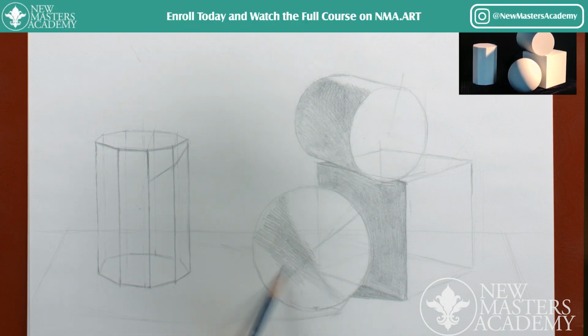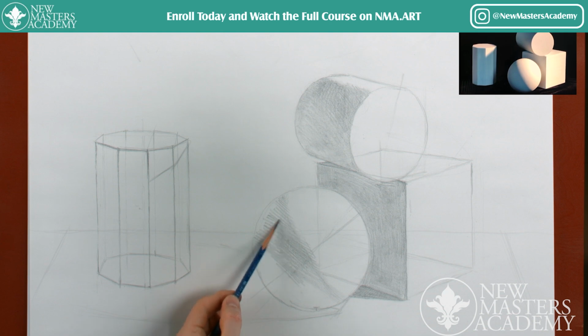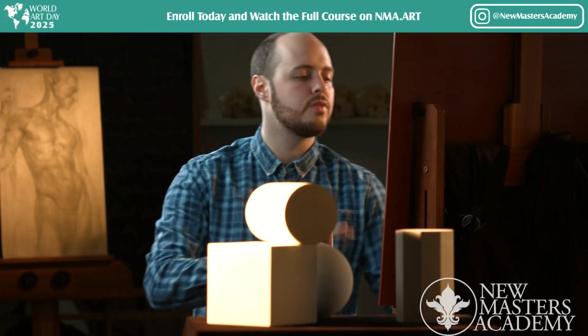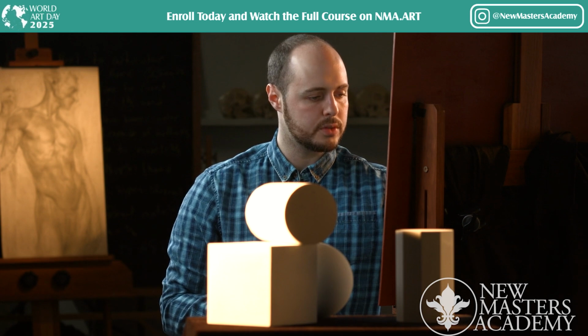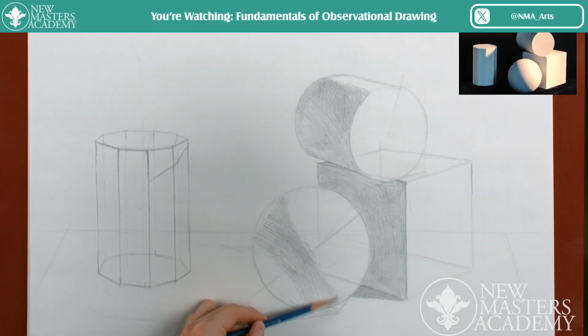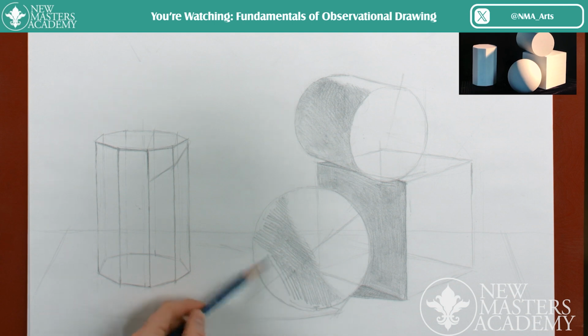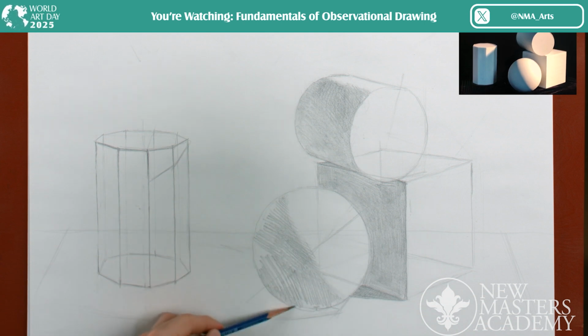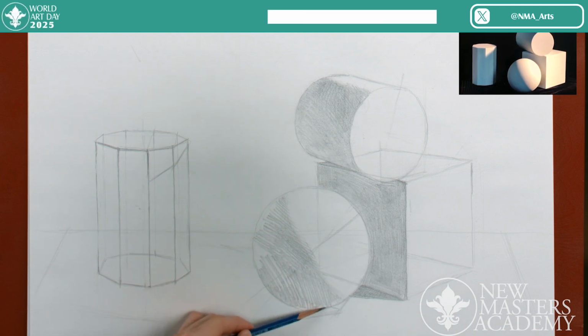Except with the hatch, I'm in a sense planning ahead for the halftones to come, but we're not concerned with them just yet. And all of our shadows are going to be pretty much the same value.